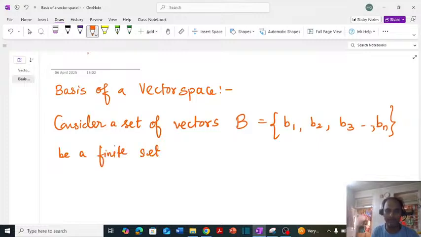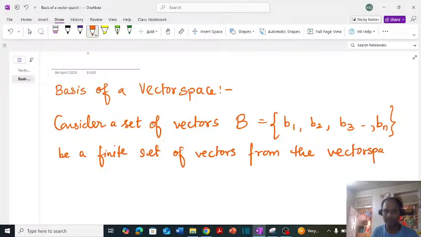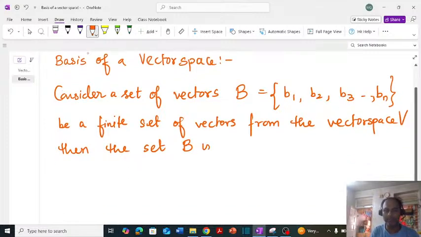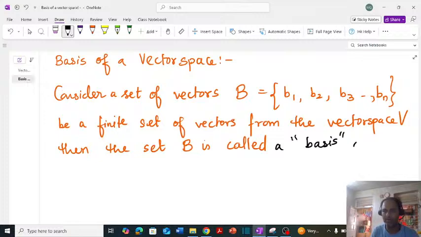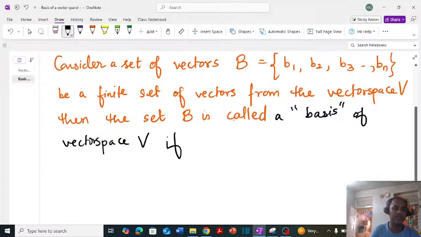A finite set of vectors from the vector space V, then the set B is called a basis of vector space V if the following conditions hold.